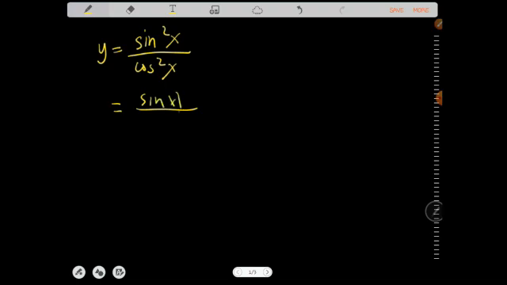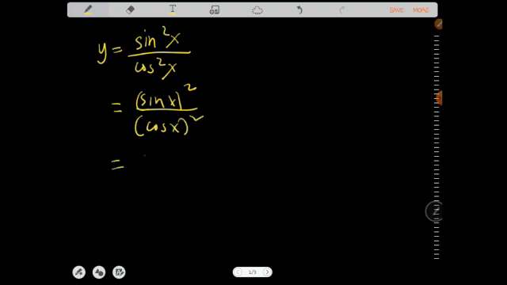Last example for this topic. y is equals to sine squared x over cosine squared x. Now, we can rewrite this first, no? So, by rewriting this one, we can say that is equals to sine of x over cosine of x squared.